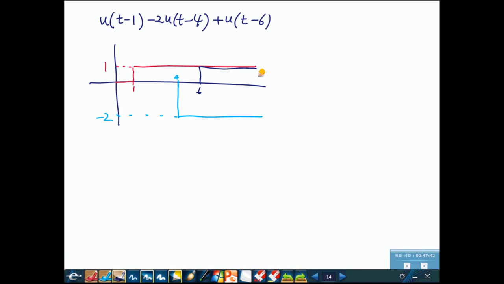Finally, it's 0 all the way here, and it jumps to 1 till 4. Then it's plus 1 and minus 2 in this region, so minus 1. Then there are two 1s, plus minus 2, which becomes 0.